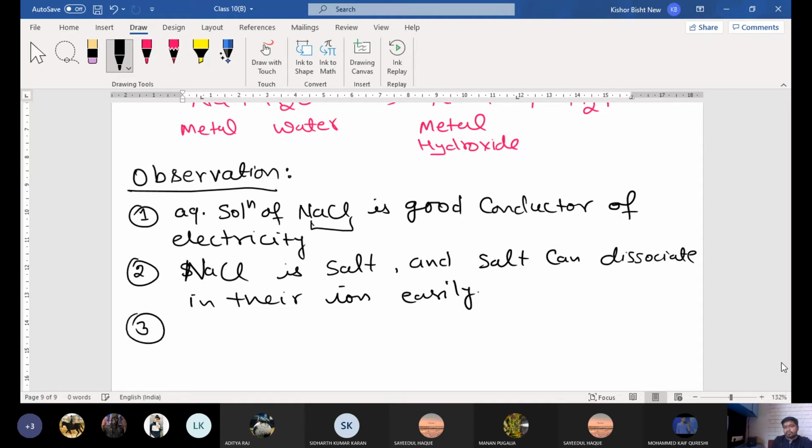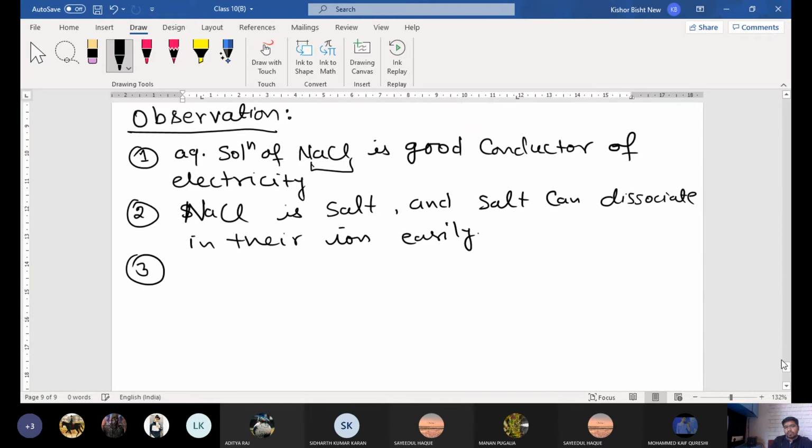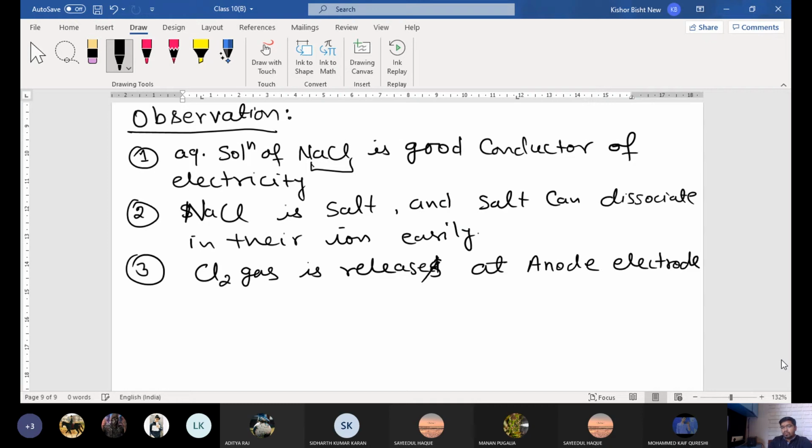Next point: chlorine gas is released at the anode electrode, while hydrogen gas is released at the cathode electrode.